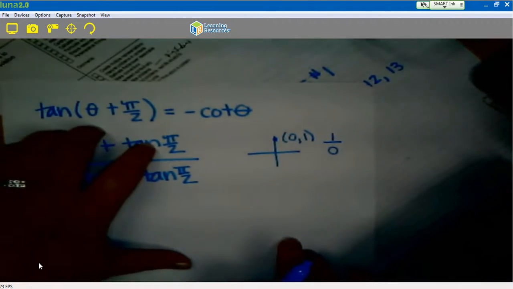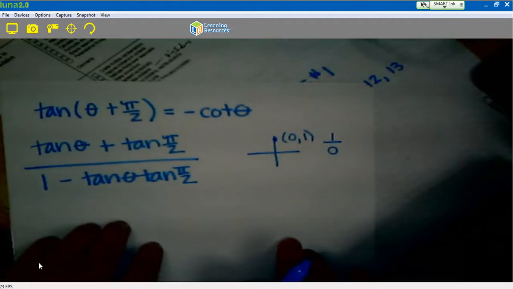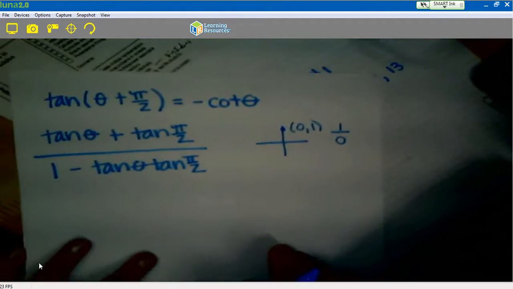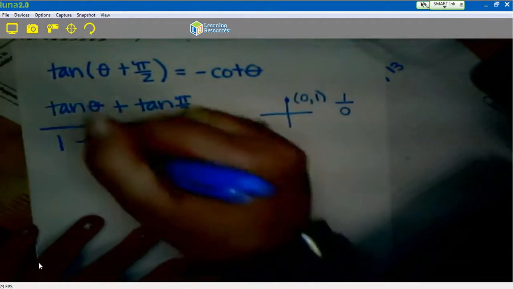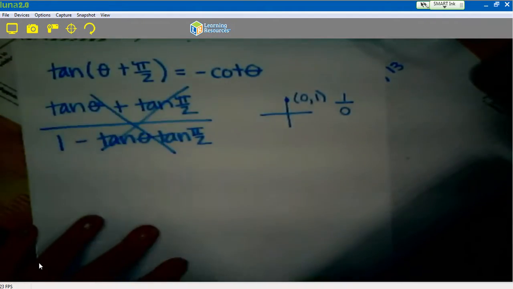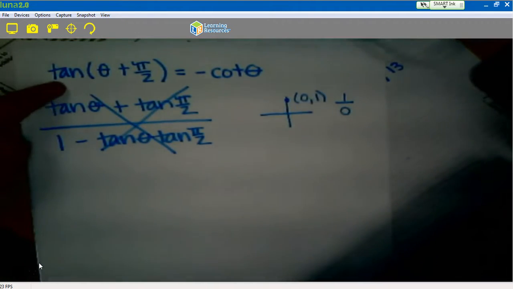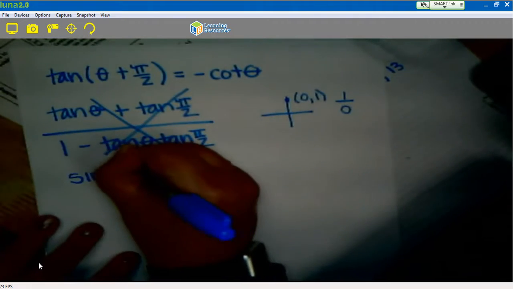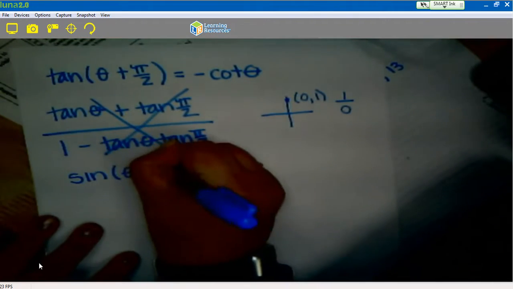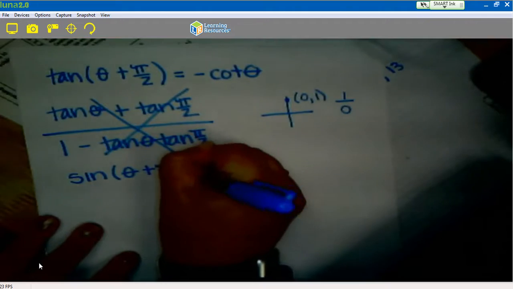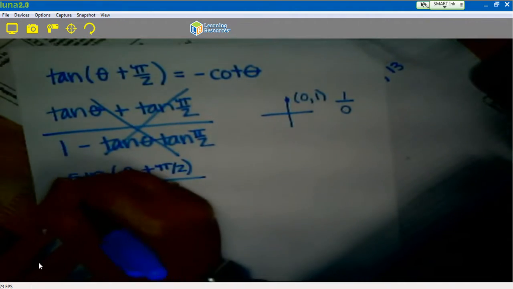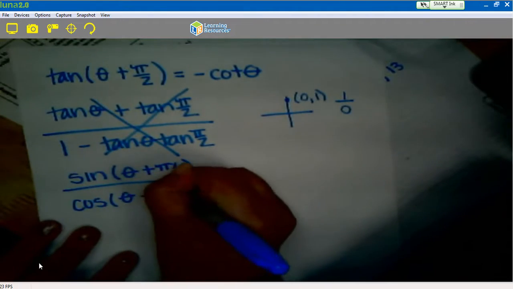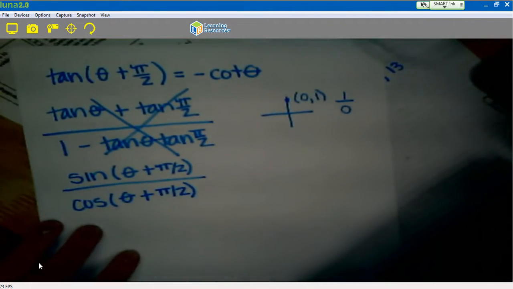So we need to figure out a different way to find that the left side does in fact equal the right side. What we're going to do instead is we know that tangent is sine over cosine. So we can do the sine of theta plus pi over 2 over the cosine of theta plus pi over 2.